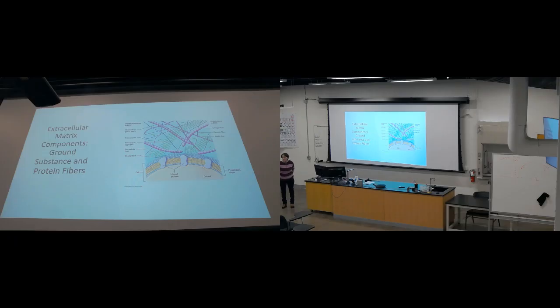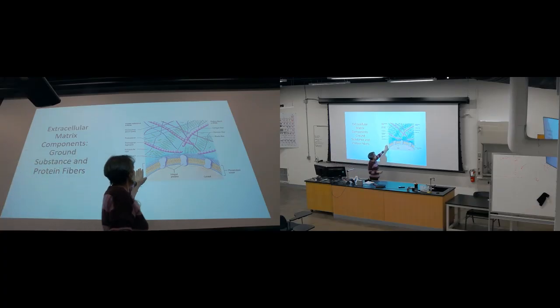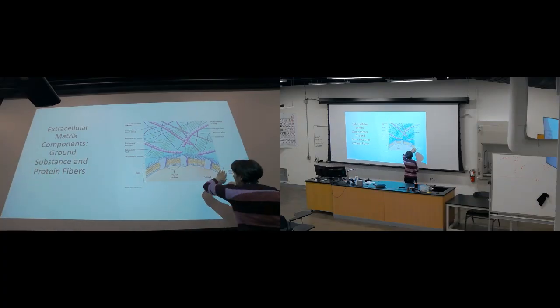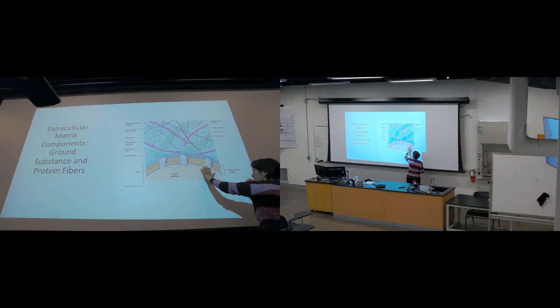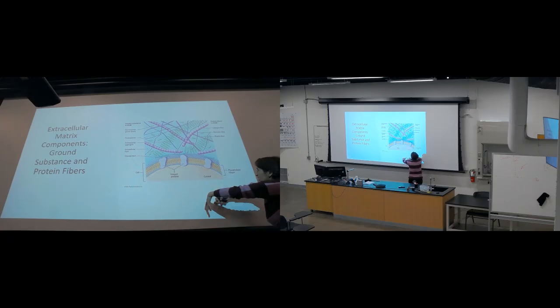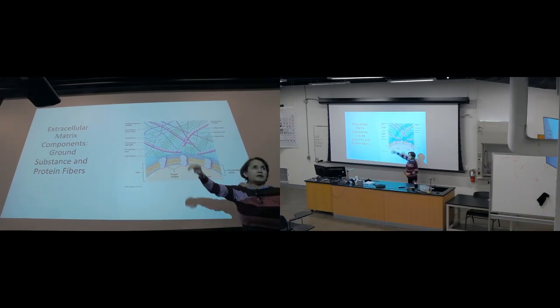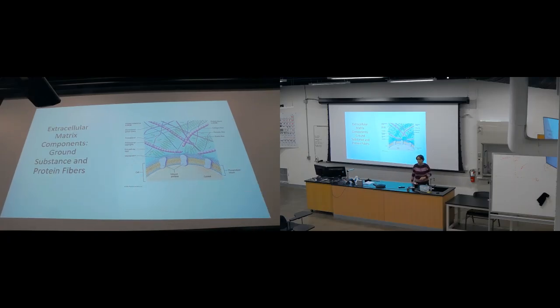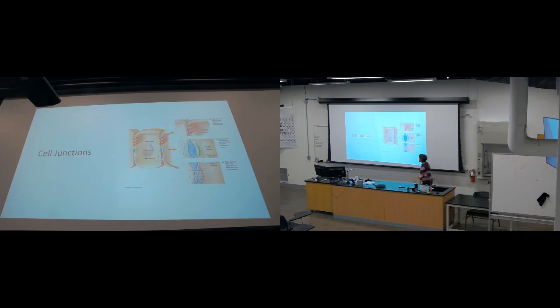So those are things that happen as we age. So all of these components that you see here are the extracellular matrix. How do I know? Well, because here is your plasma membrane, and then your integral proteins, and this is the cytosol. So everything here is inside the cell, and everything on top is outside the cell.